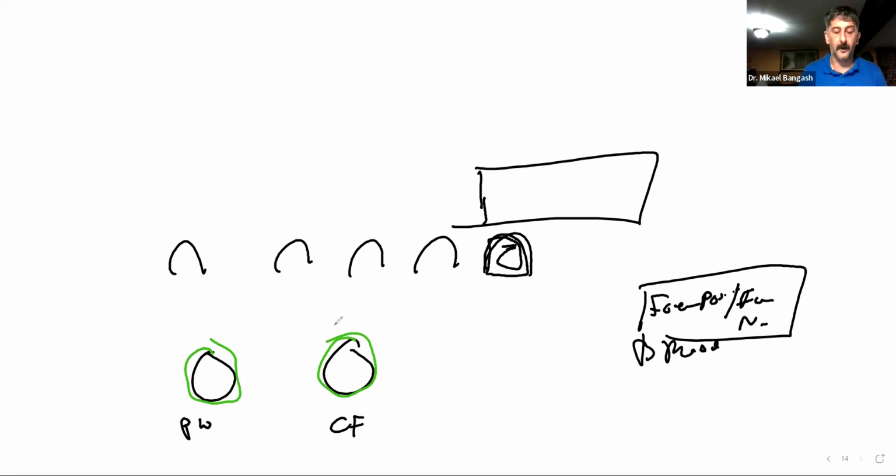In Doppler modes, this knob's function is going to change to two things. One will be your PRF. And another function is going to be your wall filter.